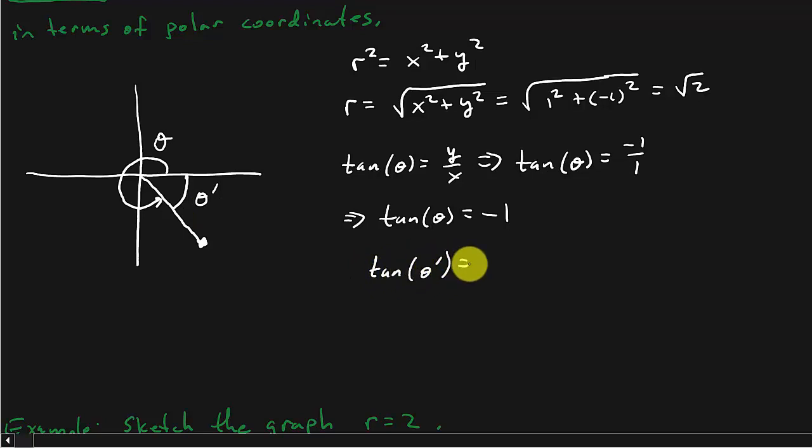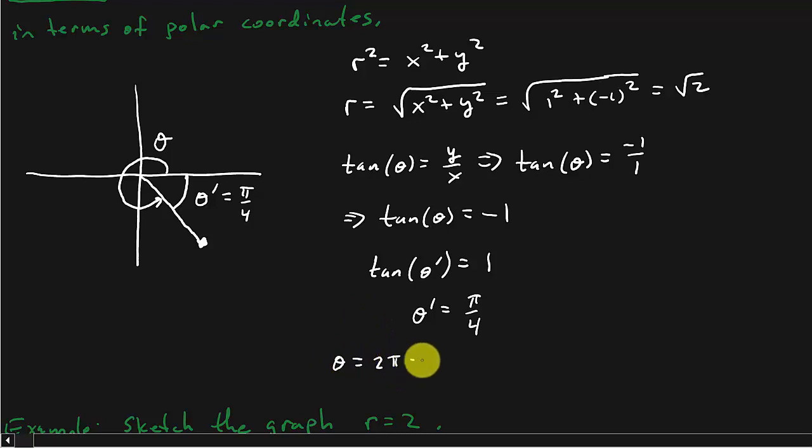Remember, your reference angle is an angle in the first quadrant, and whenever you do the sine, cosine, or tangent of a reference angle, it's always a positive number. So theta prime is equal to pi over 4. That's my reference angle.